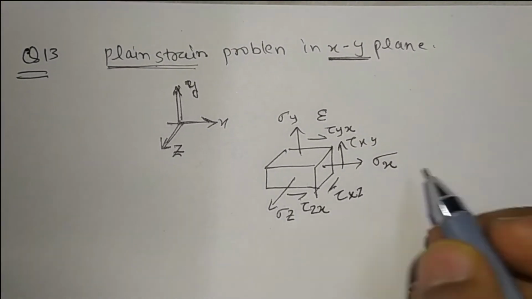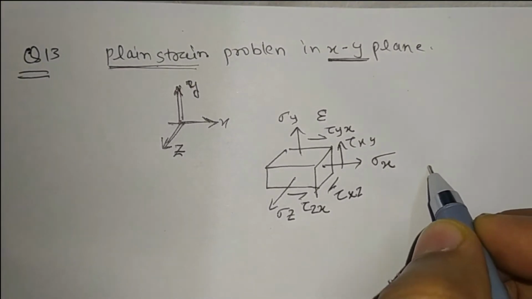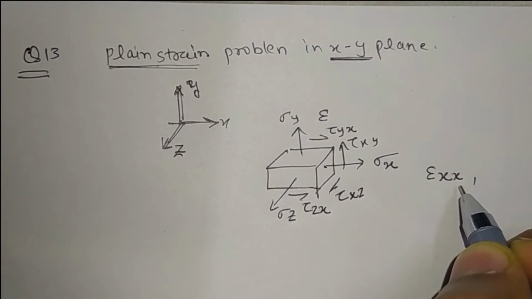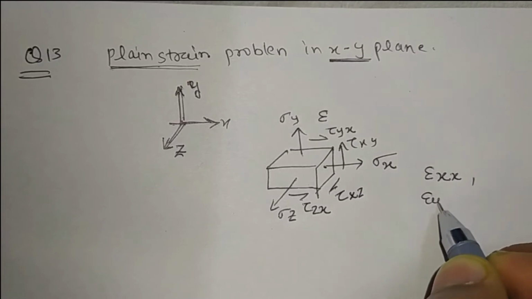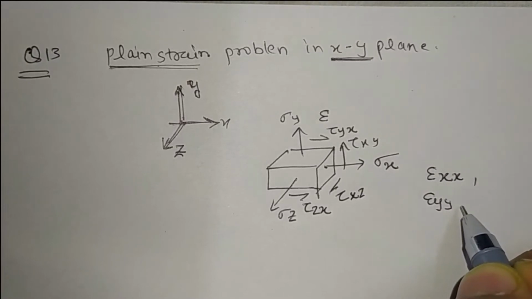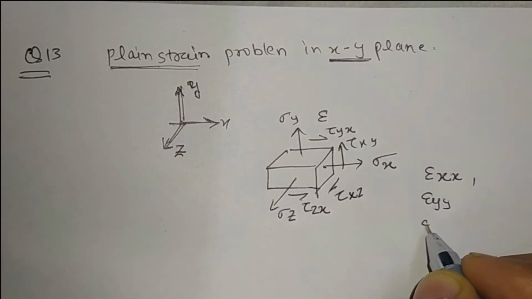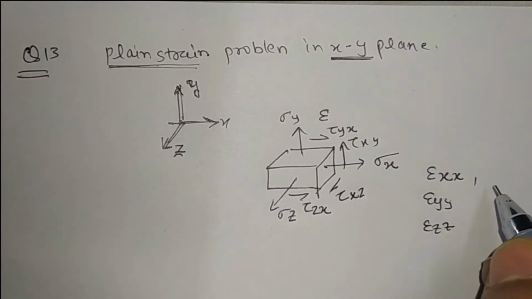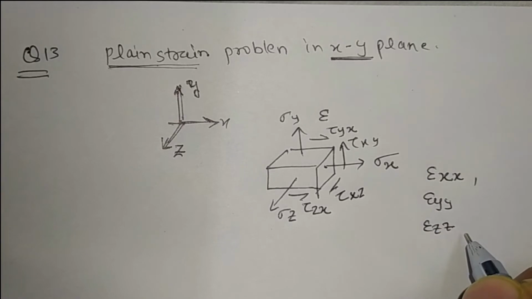But the strain terms: epsilon xx, strain in x direction, normal strain, epsilon yy, strain in y direction, and epsilon zz. These are the normal strains in x direction, y direction, and z direction.